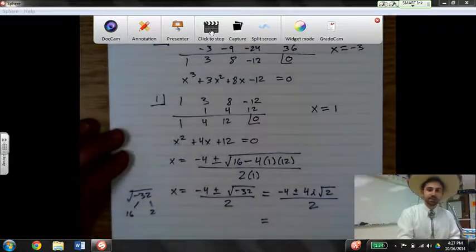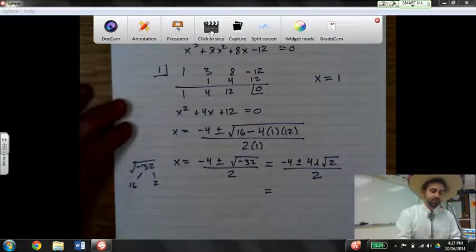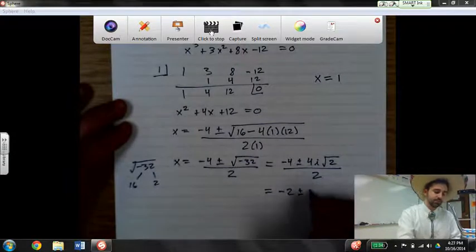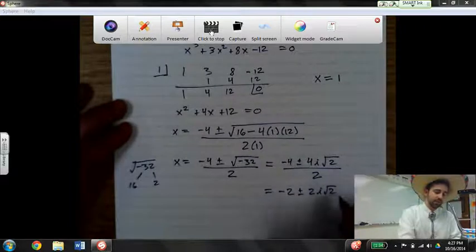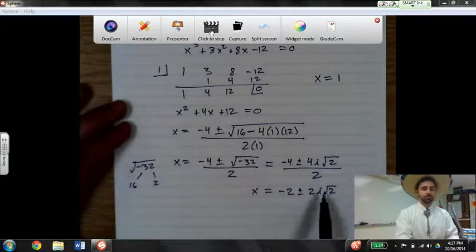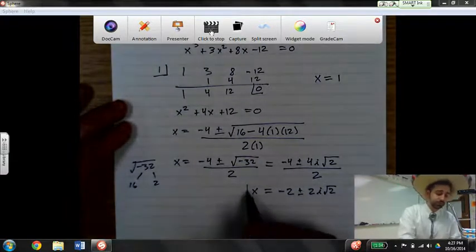And I can simplify further by saying negative 4 divided by 2 gives me a negative 2, and 4 divided by 2 gives me 2, and the i and square root of 2 remain. And so now I have the factor negative 2 plus or minus 2i square root 2.